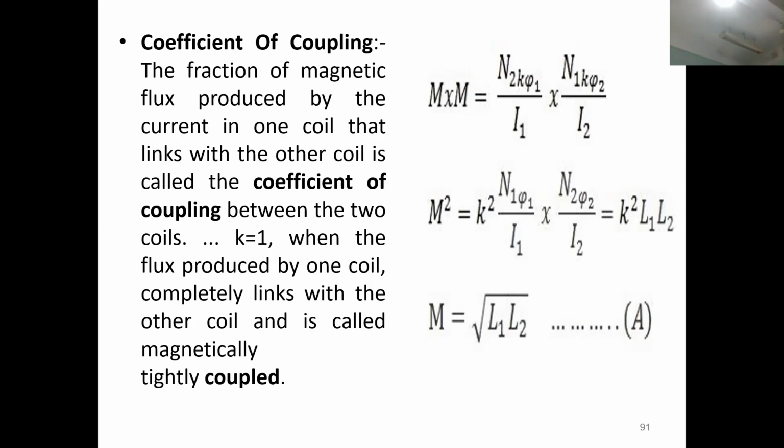Mutual flux: M squared is equal to K squared L1 L2, so M is equal to K root over L1 L2.